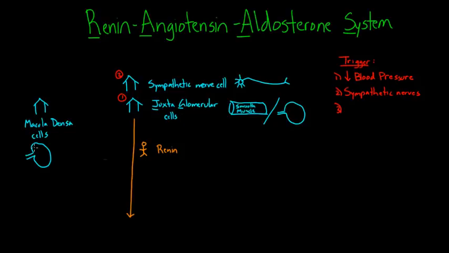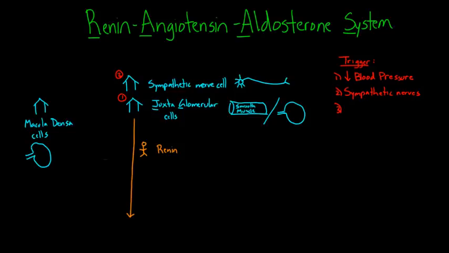When you have low blood pressure, not a lot of blood is moving through that glomerulus, and so not a lot of fluid is moving through the nephron as a result, and a lot of the salt is being reabsorbed. So by the time it gets to that distal convoluted tubule, the macula densa cells are kind of tasting or sensing the fluid that goes by, and they say, there's not a lot of salt here.